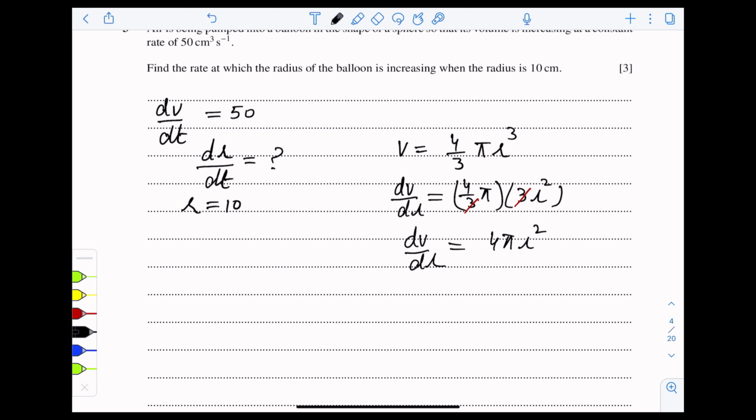The value of r is given. Value of r is 10.